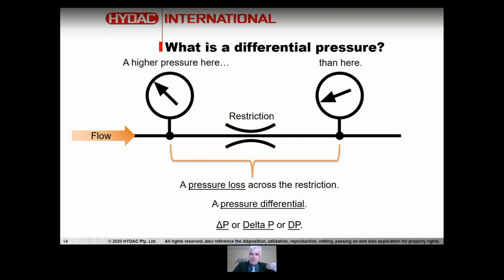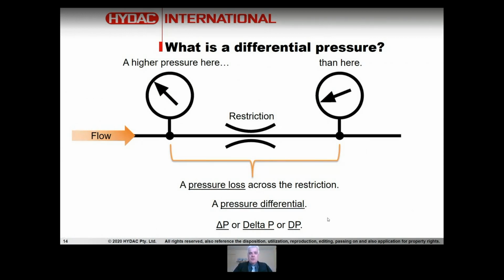Sometimes you'll call that a pressure differential. It's the difference between two pressures, measured at two different points. So the expression is, in engineering language, using the Greek letter delta, delta P. In symbology, delta P is sometimes written, and of course dP is sometimes written as well. So they are absolutely the same thing.